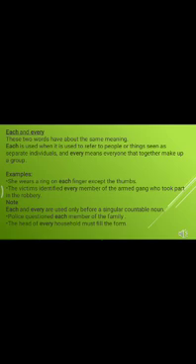Each and every. These two words have about the same meaning. Each is used to refer to people or things seen as separate individuals, and every means everyone that together make up a group. For example, she wears a ring on each finger except the thumbs.